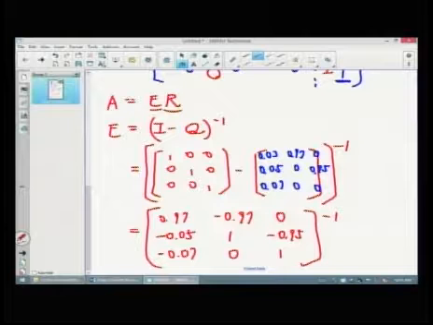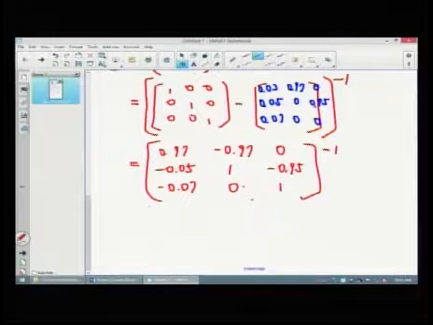So does anybody have a good calculator? You already got it? Yeah.